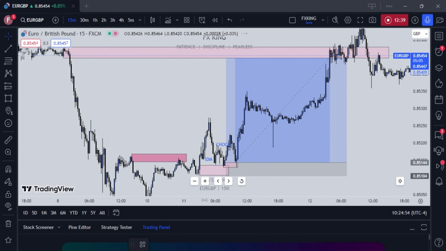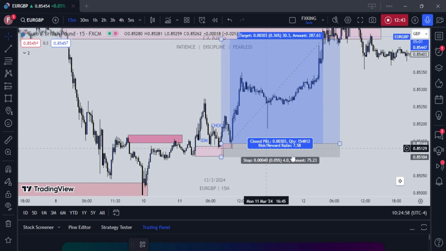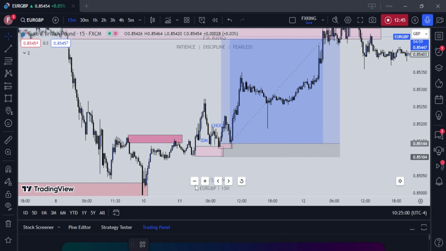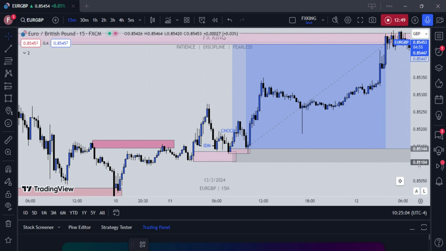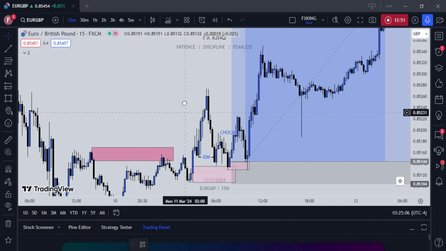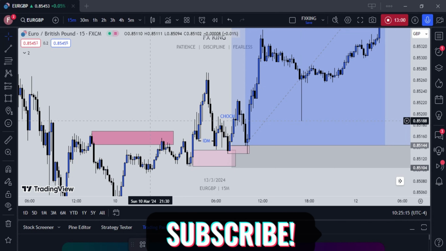This was within some few hours. So you see here how effective the flip zone model is. You can take a look at it, screenshot it. If there is something you don't understand from this, you can leave it in a comment. I will respond to you. I respond to nearly all of my comments.